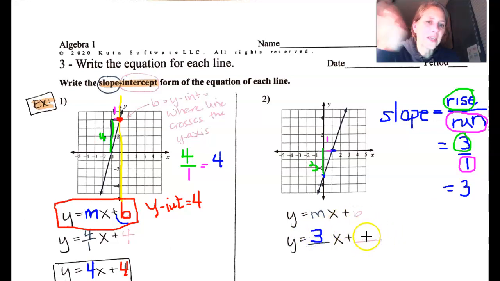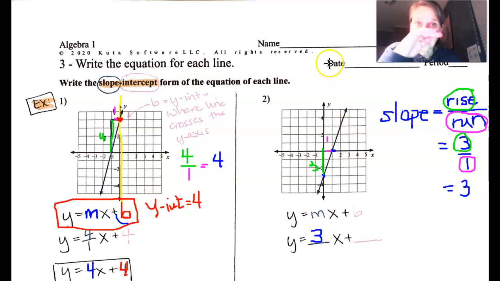And then the other thing is easy. We don't have to calculate anything. It's the place where the line crosses the y-axis. So here is our y-axis. I'm drawing my line. Where does our line cross the y-axis?